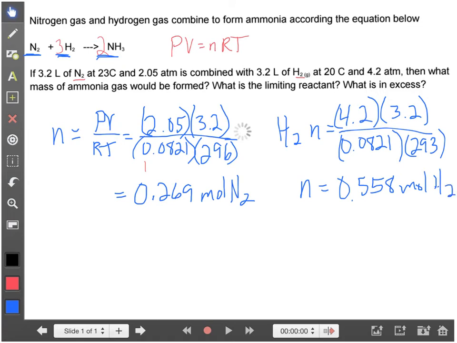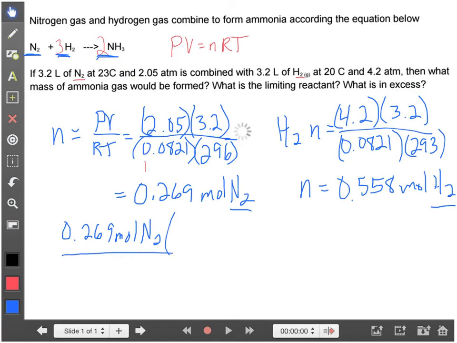Now, what I'm going to have to do is basically the same sort of thing that I did with the example I gave before, and I have to look at the ratios between the N2 and the NH3 and the H2 and the NH3 to determine which is going to give me more moles of NH3. So I'm going to take my 0.269 moles of N2, and I'm going to multiply it again by that fraction, and we could do it in dimensional analysis as well.